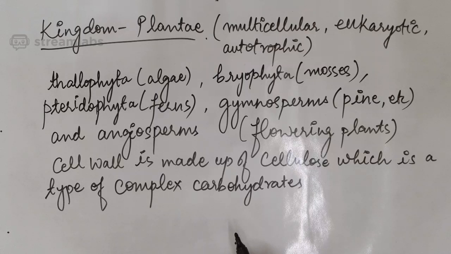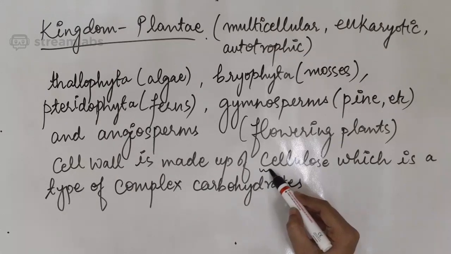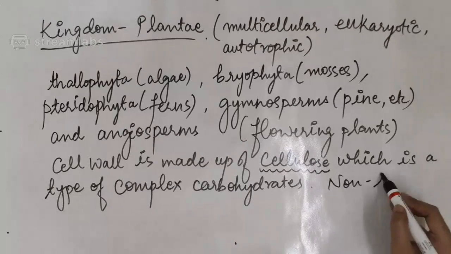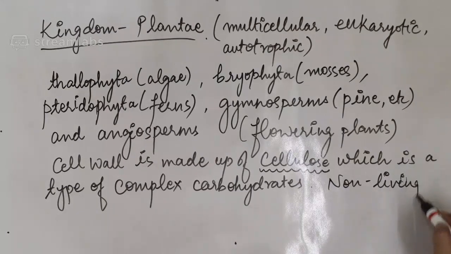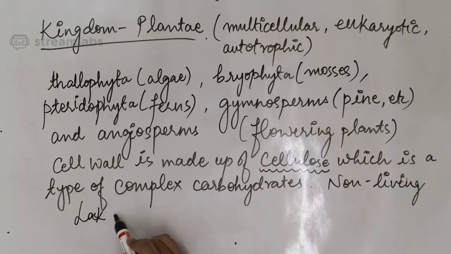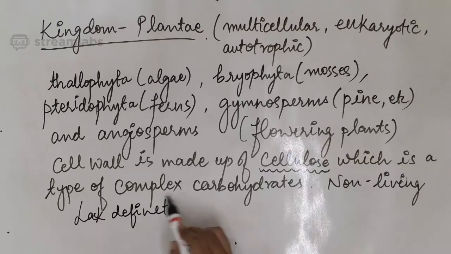Carbon, hydrogen and oxygen molecules, if many of them, more than 10, are joined together, are called complex carbohydrates. And cellulose is a complex carbohydrate. It's non-living in nature. It makes the cell wall of the plants. Because plants cannot move from one place to another, they lack a definite shape.